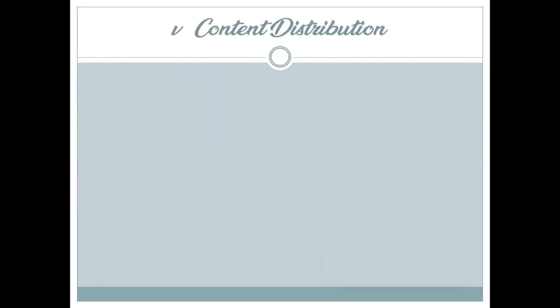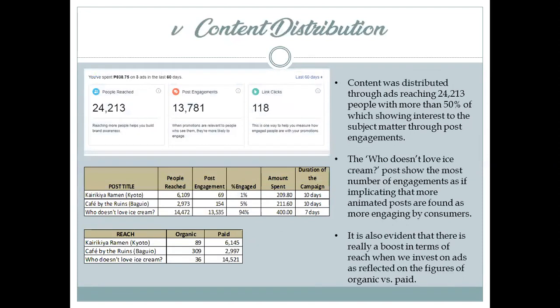So, how did we do the content distribution? We distributed the ads that reached about 24,230 people, given the audience map that we were able to provide earlier.